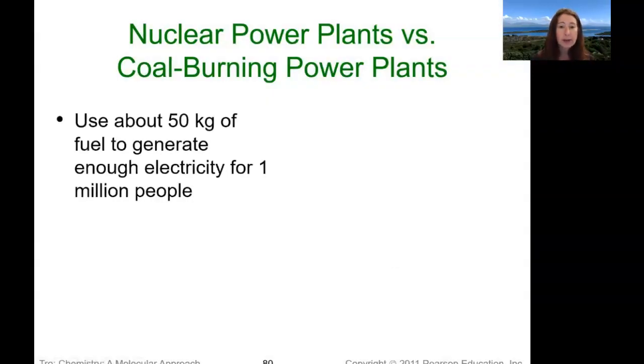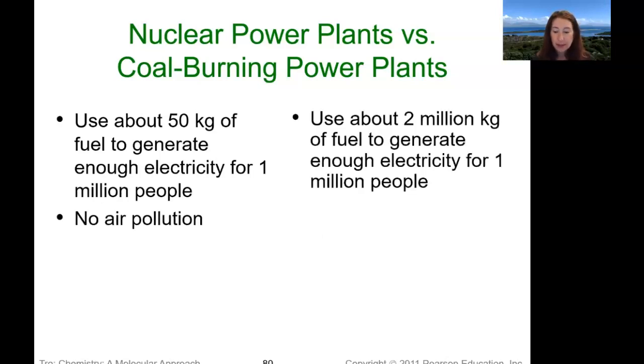So now why, with all, I keep telling you all the problems of nuclear energy so far, why do we use it? Okay, here's why we use it. So we use about 50 kilograms of fuel to generate enough electricity for 1 million people. Right? It has no air pollution, right?